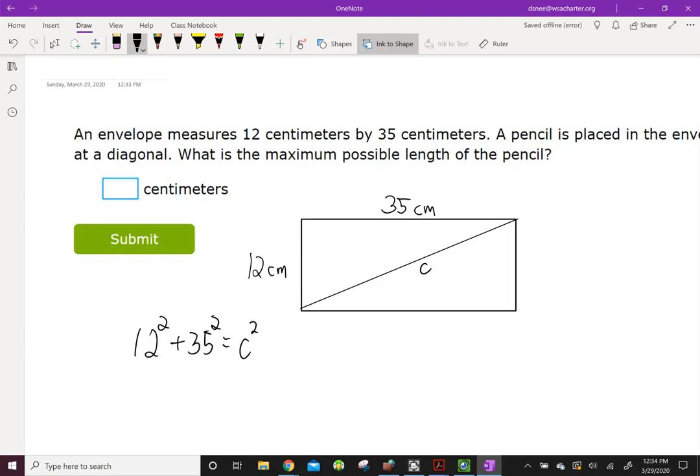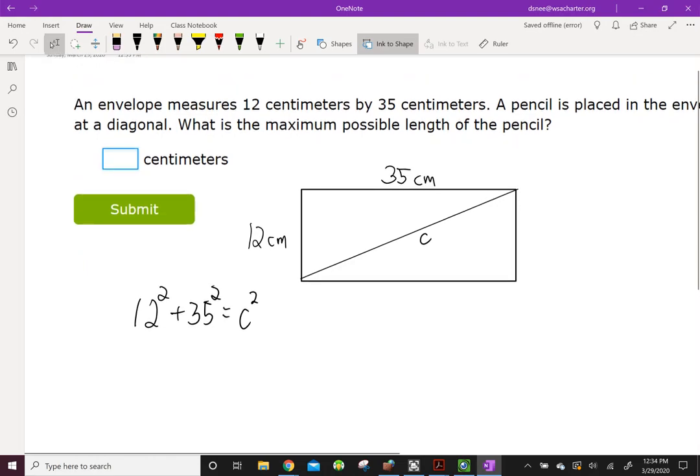Well, I know that right triangles are basically a 3, 4, 5 ratio. I'm sorry. Let's work this out here. So 12 squared is 144.